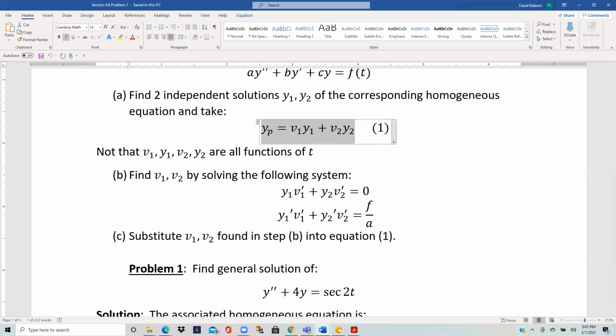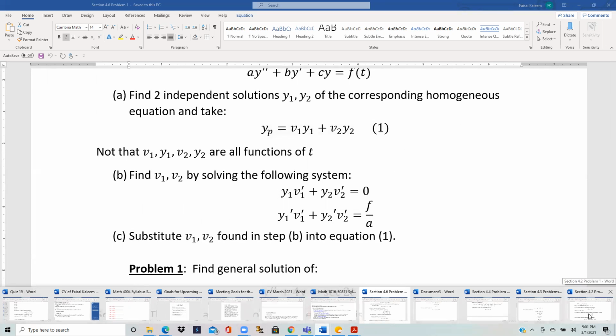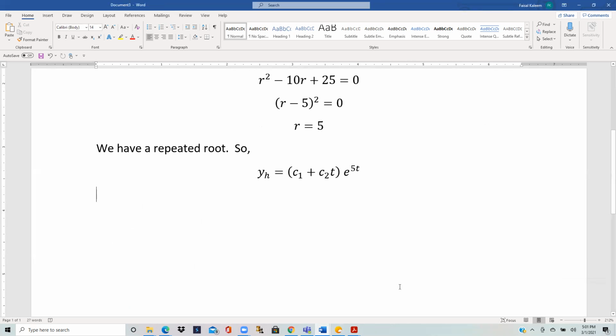Remember, I told you when we did problem number 1 that whatever comes with the c1 and the c2 are the two independent solutions that we use.